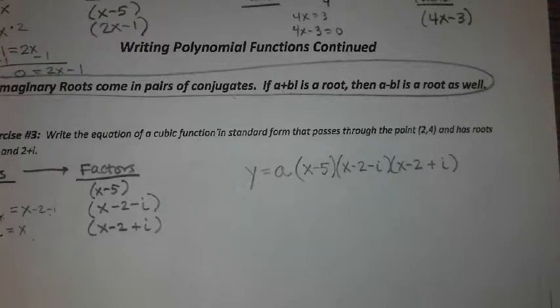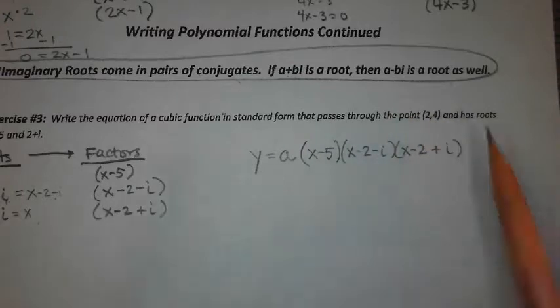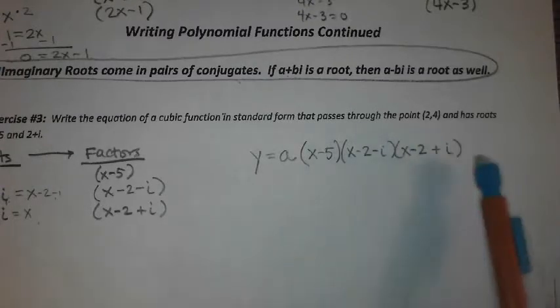Now, when imaginaries are involved, before plugging in your point, because we obviously have a point x, y that we're still going to plug in, no polynomial equation is ever going to have i in it. No function has i in it when it's finally written. Obviously, in the intermediate moment, there are i's in there.